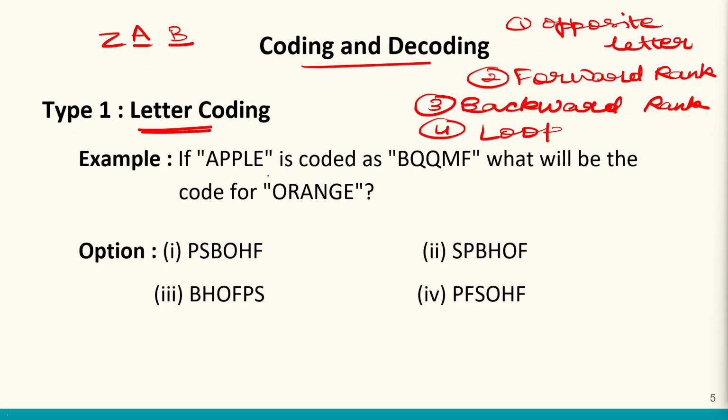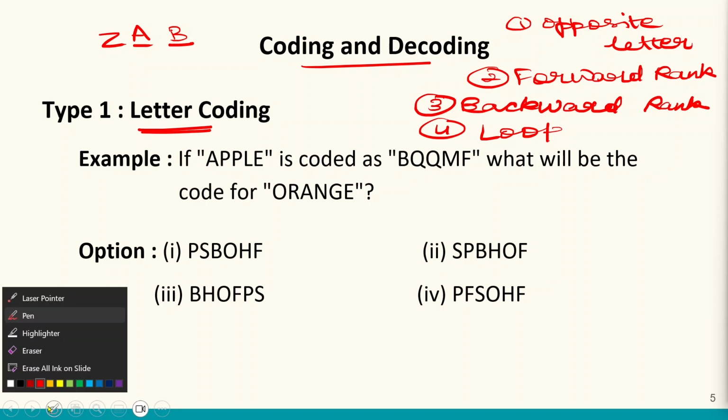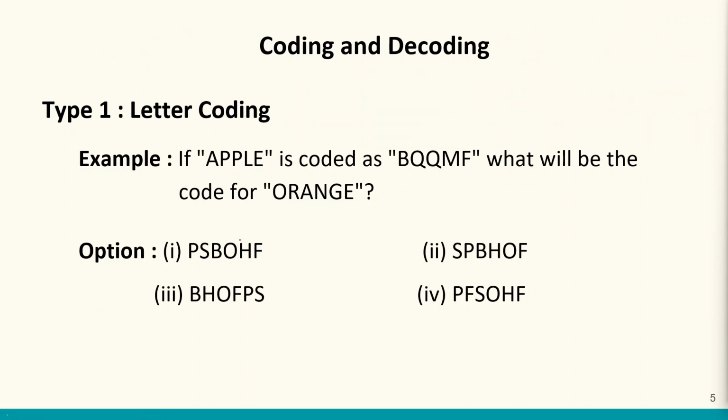In this question, we have to find, if apple is coded as this, where the letters are given to us, the code for orange. Whenever we get a question like this, first let us write the original form and then the coded form.